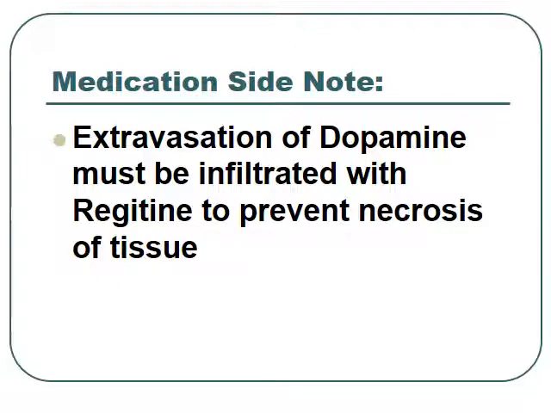When you are studying these drugs, make sure that you know what they do. Just as the previous slide, I was talking to you about the different drugs and what they do. Dopamine is a positive inotrope, so you need to know what inotropes are. If you don't know those definitions, you need to look at them. Positive inotropes will increase our contractility, they will increase our stroke volume, and our cardiac output.